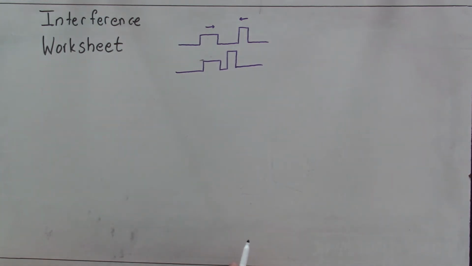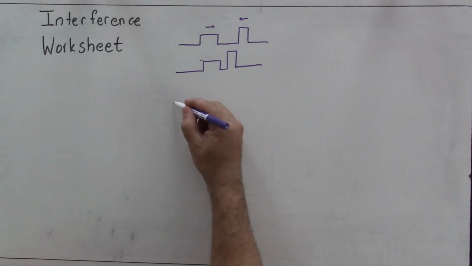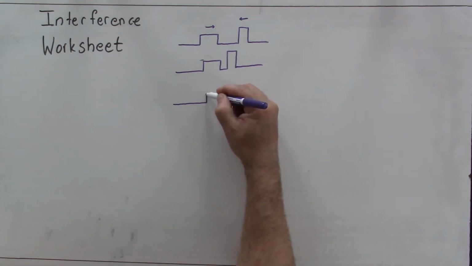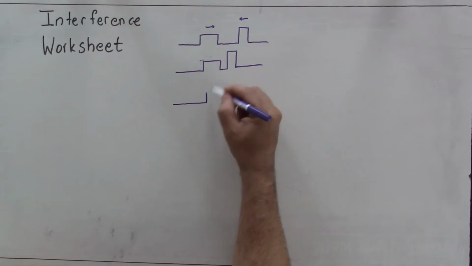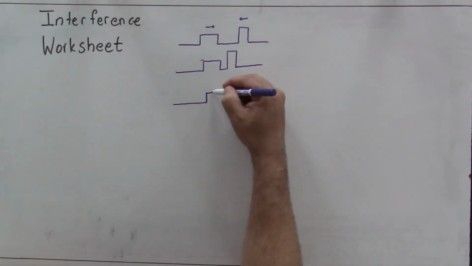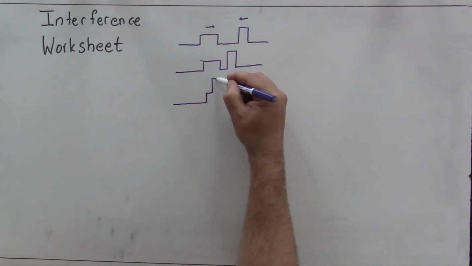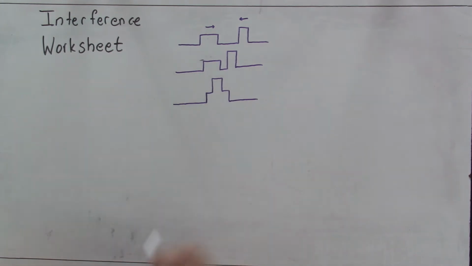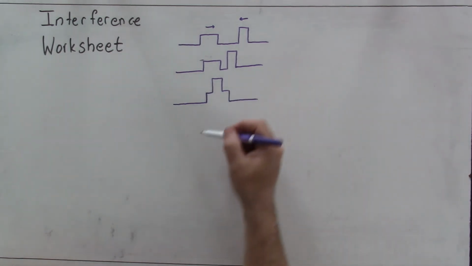And what happens when they're right on top of one another? Well, they add in the places that the waves overlap. So in this first section here, there's no overlap because this one is wider than this one. But then the overlap is here, so it's 3 more tall. It's called constructive interference when they add together.